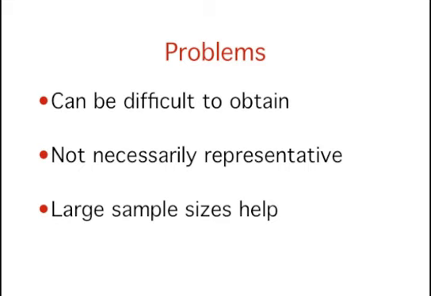Recall that the definition of a random sample is a sample in which every member of the population has an equal chance of being selected. This means that the sampling procedure, rather than the results of the sampling procedure, defines what it means for a sample to be random. Random samples, especially if the sample size is small, are not necessarily even roughly representative of the population.